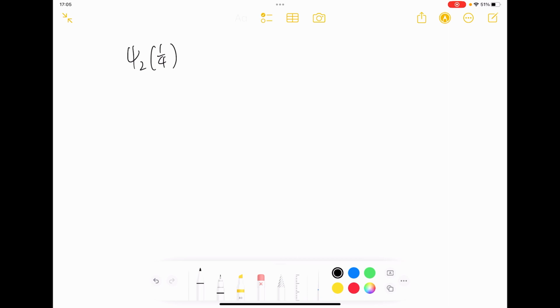We're getting close now. We're going to use quite a similar approach to psi 1 of a quarter, and we're going to consider the reflection formula which we just used. That's equal to pi squared cosecant squared pi s.